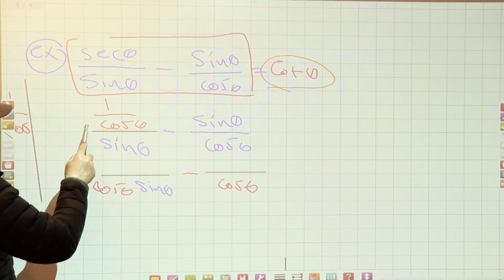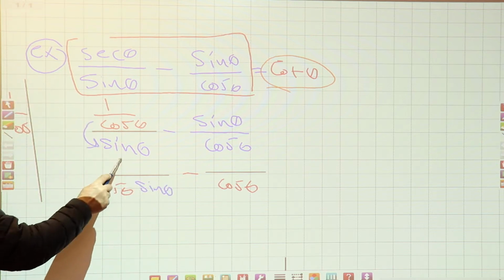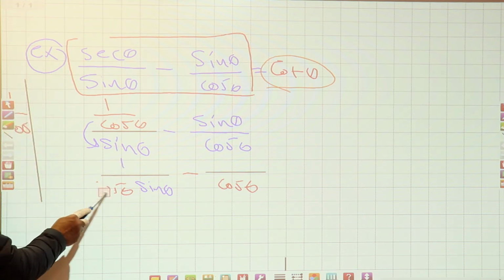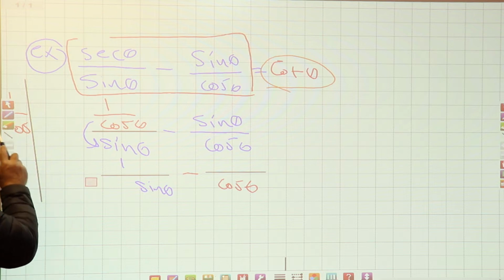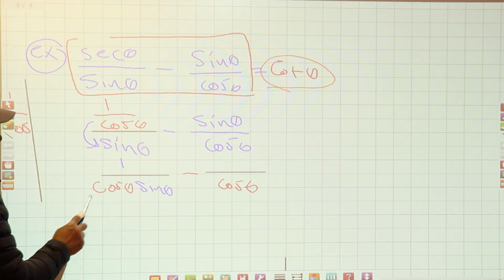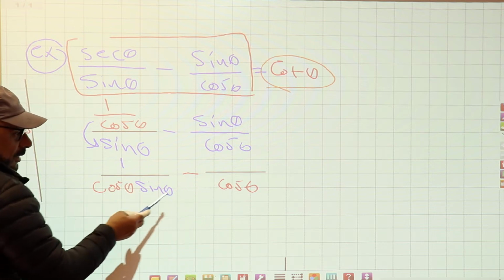You see, you bring this guy down, and here 1. Since I have cosine theta, let me just fix my cosine. Cosine theta. Now here cosine theta, because we need sine theta, right?